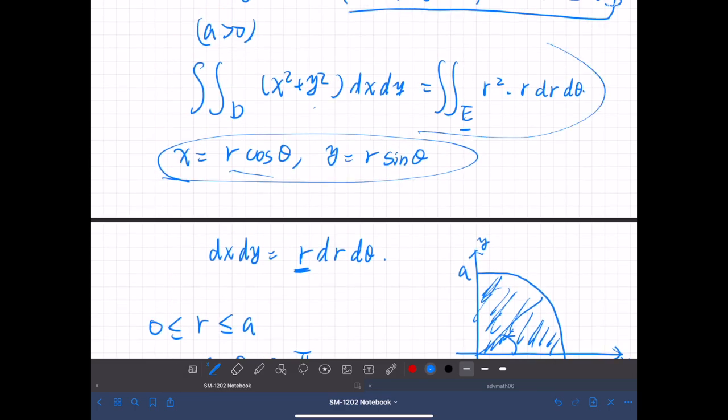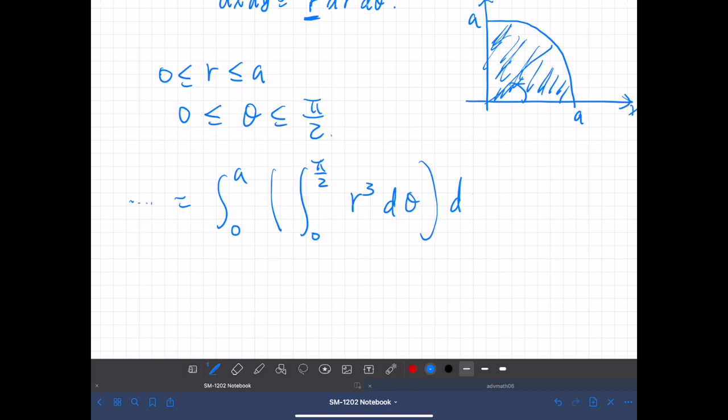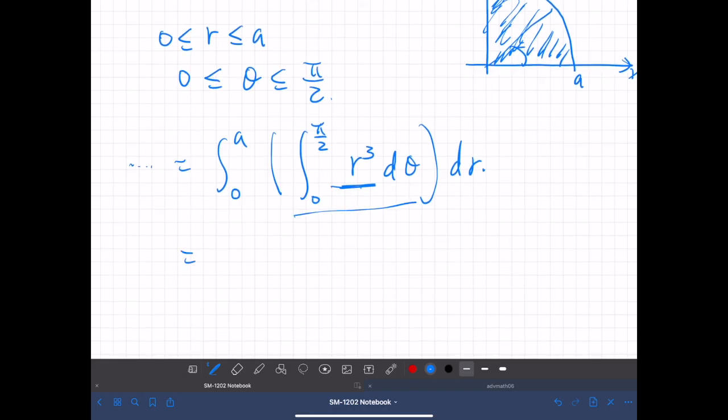So this integral becomes the integral from 0 to a and 0 to pi half of r cubed d theta dr. But this integral does not contain any theta here, so we can just integrate over theta.